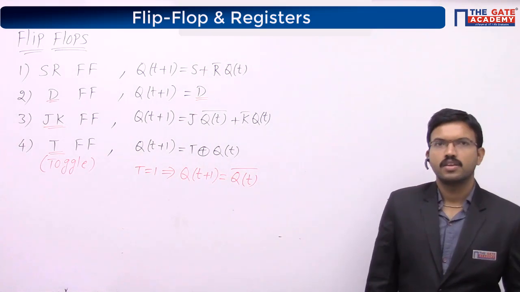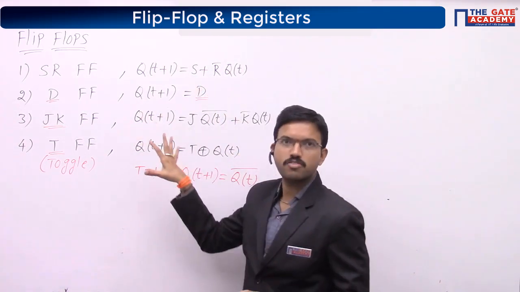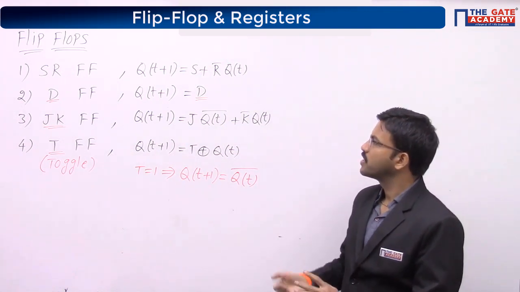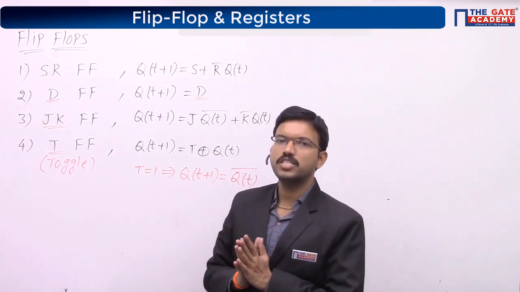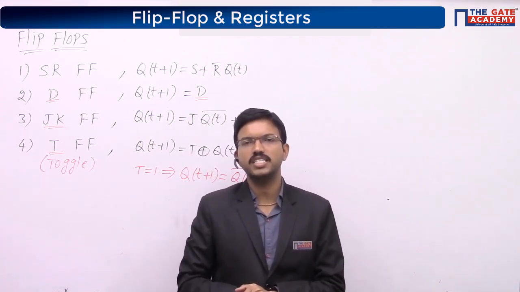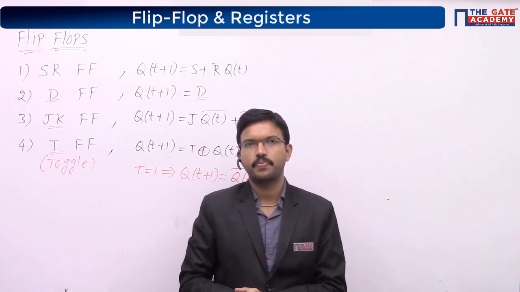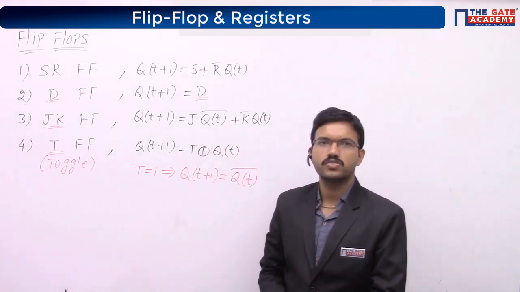If you are considering that the flip-flop is positive edge triggered, then only at those transitions it will be complemented. From the GATE exam point of view, you have to remember the characteristic equations. If you remember these equations, he will give one particular flip-flop and some additional logic gates and ask what the overall circuit is.